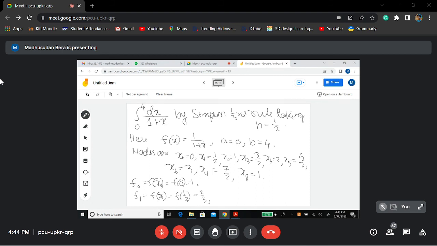What is f2? At the point 1, value will be half. f3 at 3 by 2, 1 plus 3 by 2 is 5 by 2, so it will be 2 by 5. F4 means value at the point 2, that is 1/3.